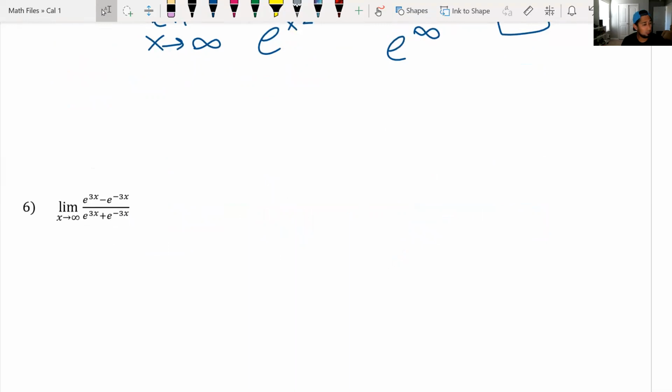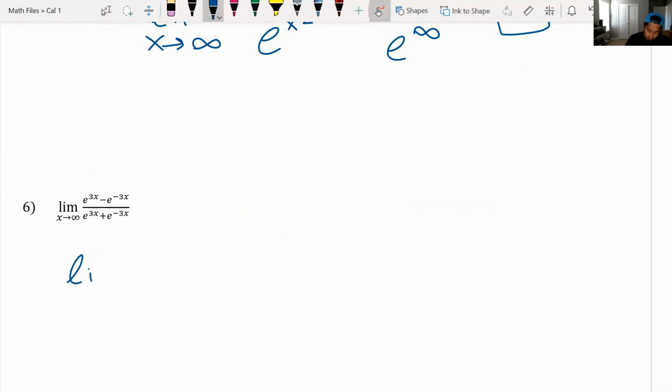Number 6, the limit as x approaches infinity of e to the 3x minus e to the negative 3x over e to the 3x plus e to the negative 3x. Again, we will power trick this. Why not? Let's go ahead and power trick it.